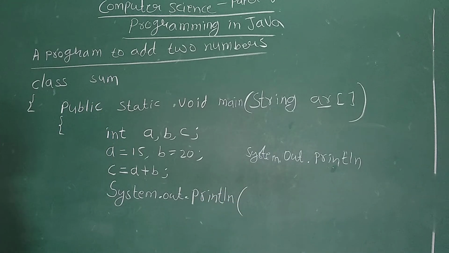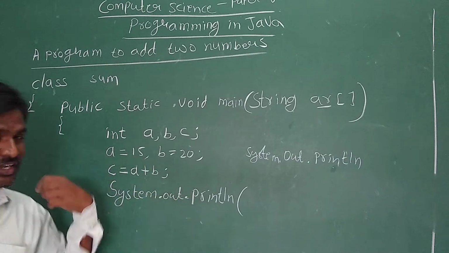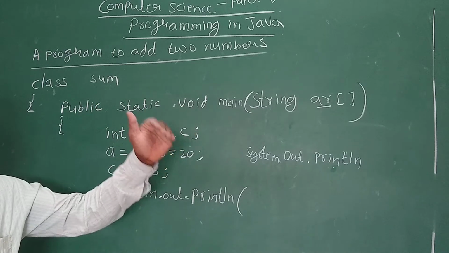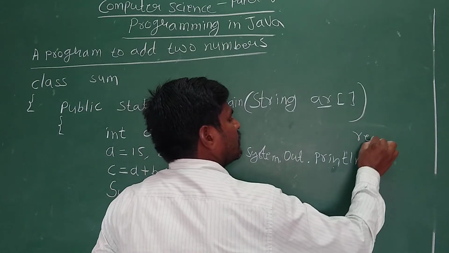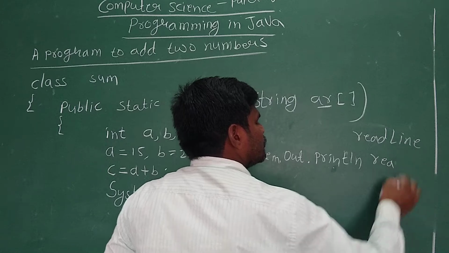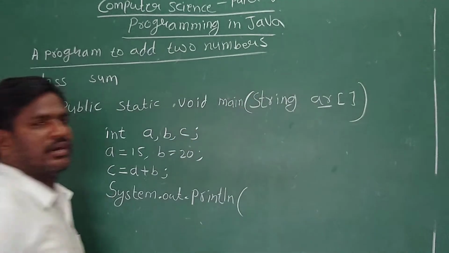The Java authors defined the output statement, but they did not define an input statement like System dot in dot scanning. They have defined some methods, like the readLine method and the readInteger method. Those will be discussed in the second unit, the input and output classes.